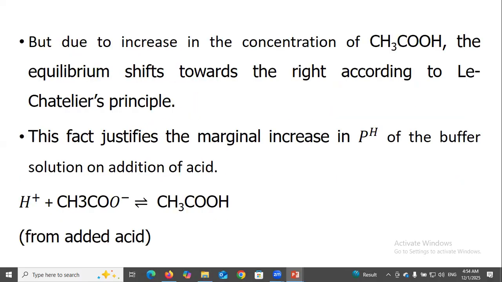But due to the increase in the concentration of ethanoic acid, the equilibrium shifts toward the right according to Le Chatelier's principle. This justifies the marginal change in pH of the buffer solution on addition of acid.